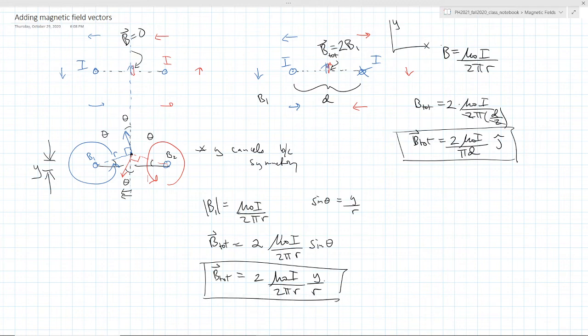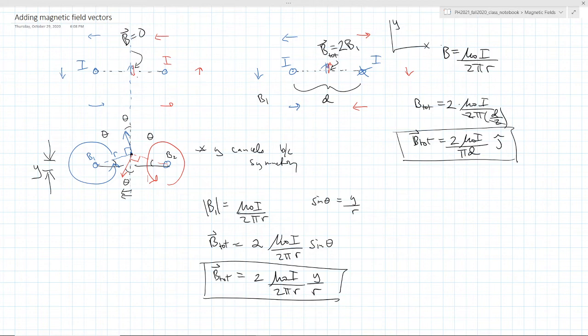And in this case, notice what happens if y gets small. So if y goes to 0, i.e. you move back to being on the center line, then this goes away. And that's the case that we had up here, the first one that we looked at. So that agrees with what we had. It's consistent with what we were talking about before.